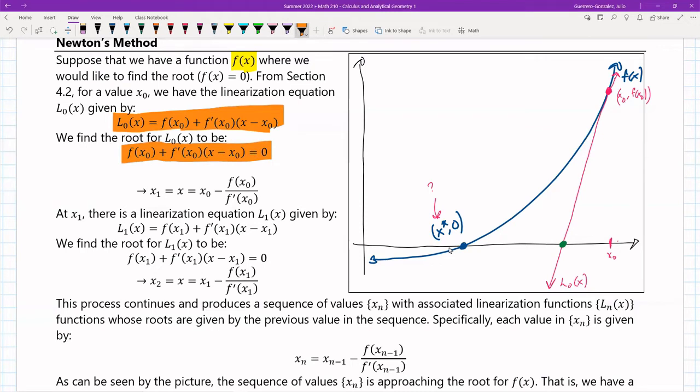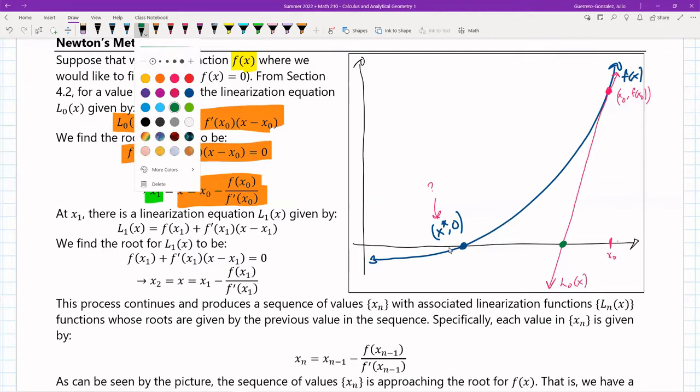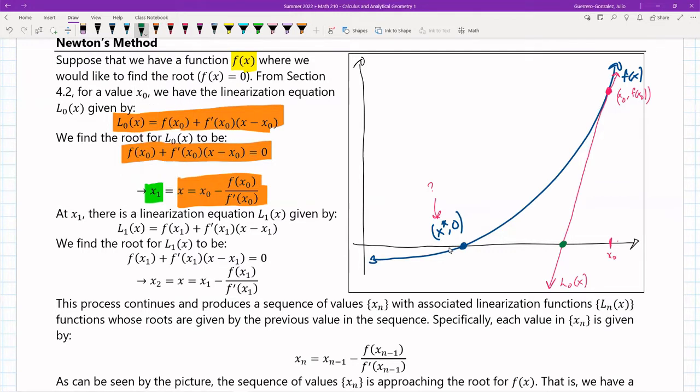And if you solve out for x, you get specifically this right here. What we're going to do now is call that x1. So this point right here, I'm going to make this a little tinier, is x1.